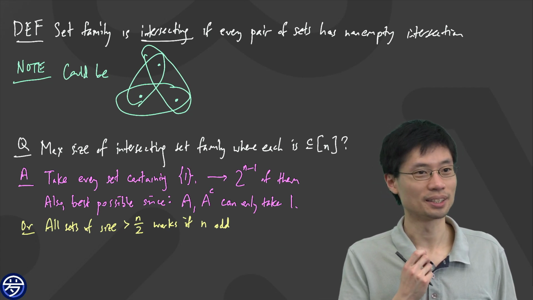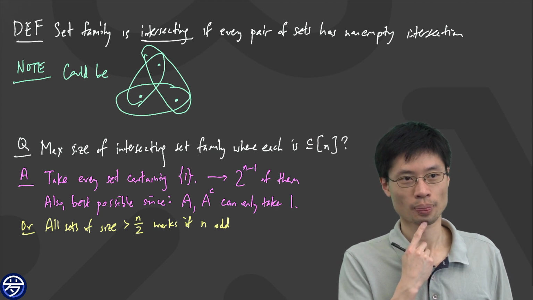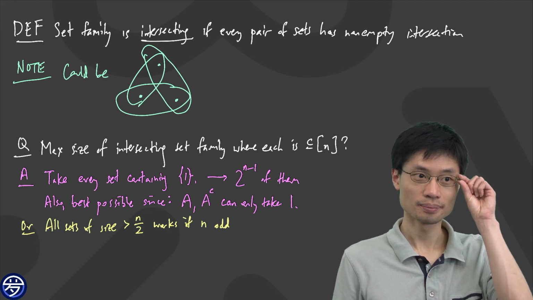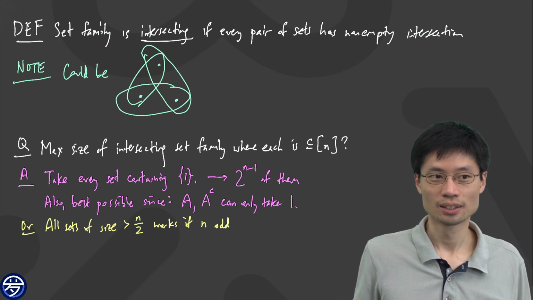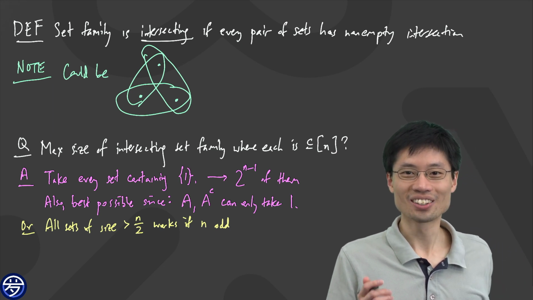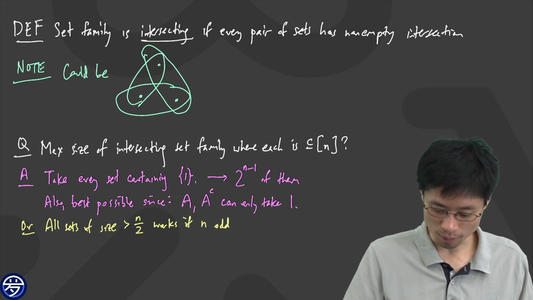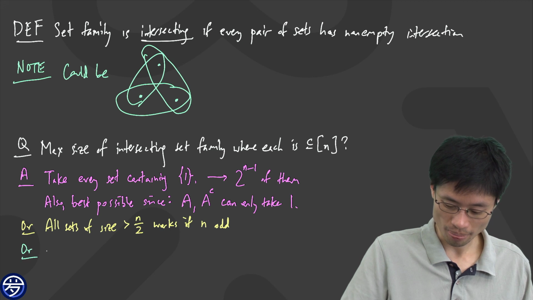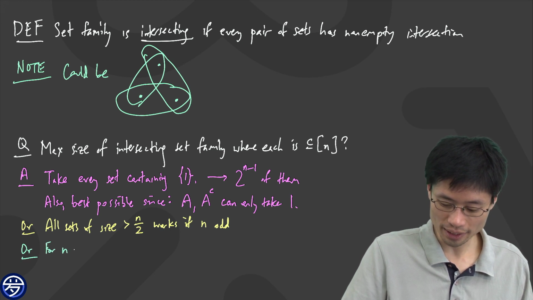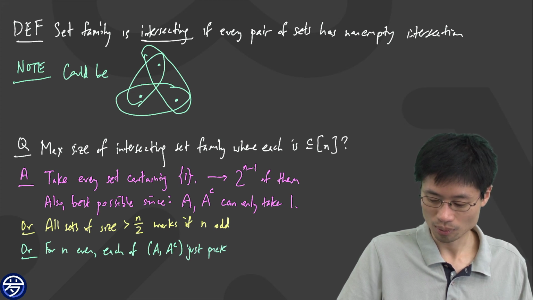So we have this other possibility. Are there other possibilities? Oh, okay. So what you're saying is if n is even, then from every A and A complement, for n even, just pick one.